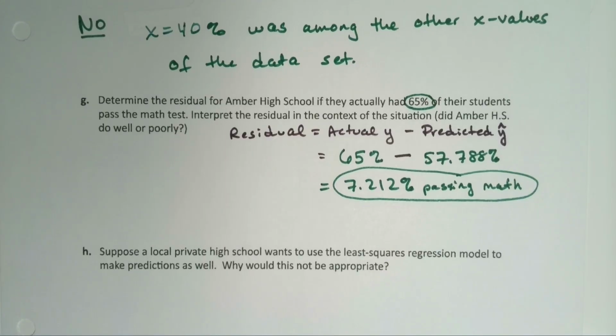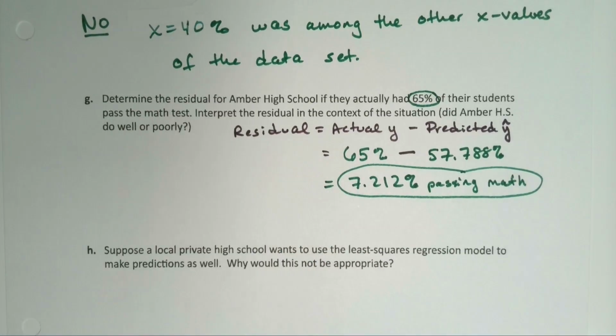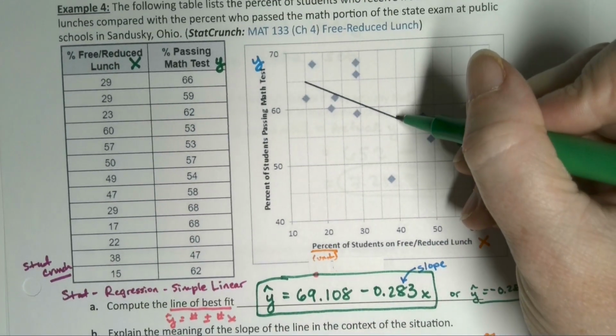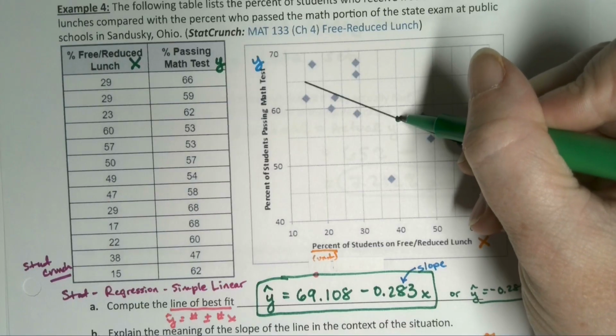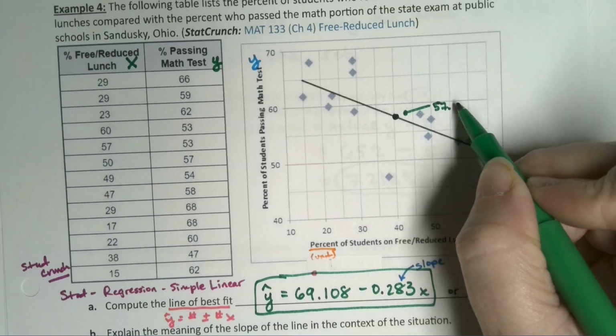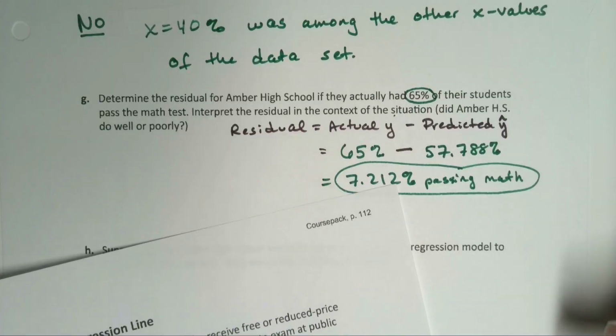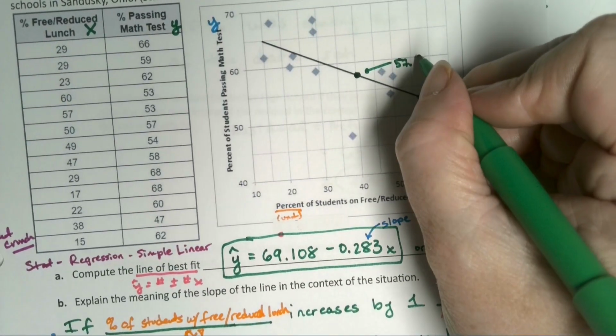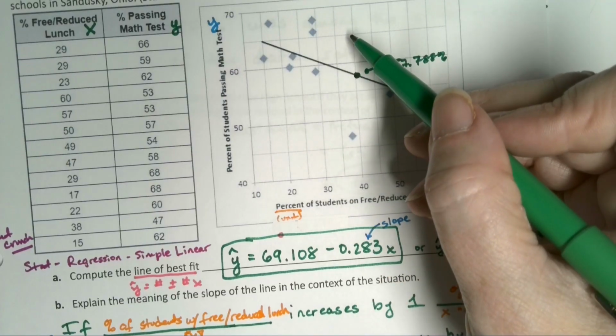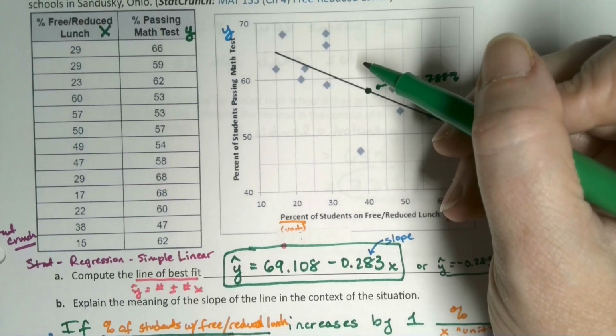So how is Amber High School doing? So let's think about the graph actually for a second. So 40 is right here. So Amber High School, we predicted would be right here. So that's our prediction, was 57.788%, right? But where Amber actually was 65, which is up here.